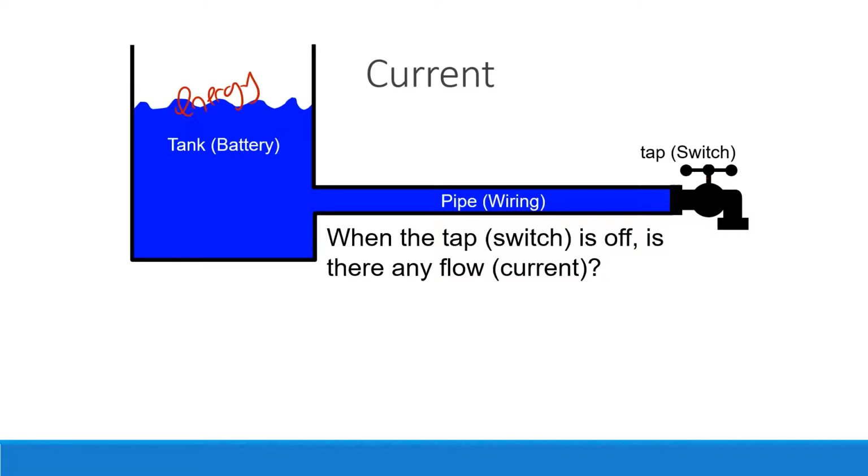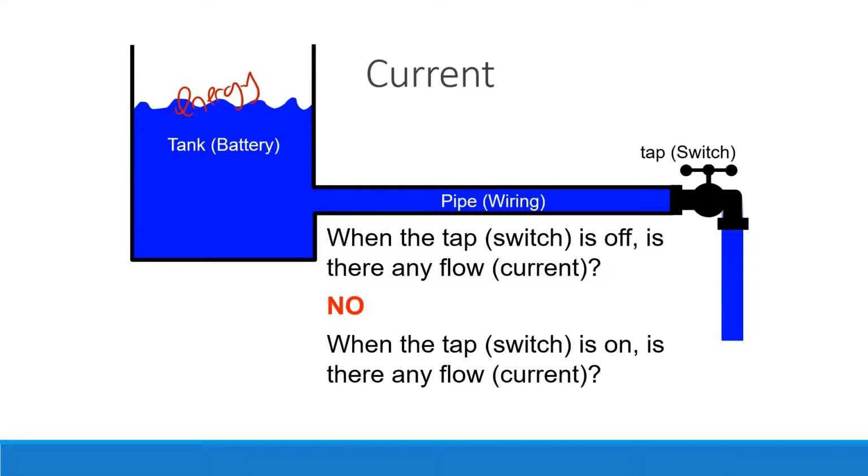No. Beautiful. There's no flow of current because there's no movement of charge. If there's no movement of charge, there is no current. Now, when I open the tap and water starts flowing out, then yes, there is a current.